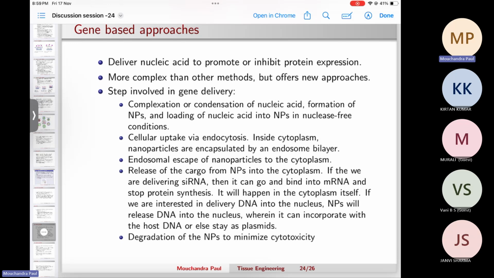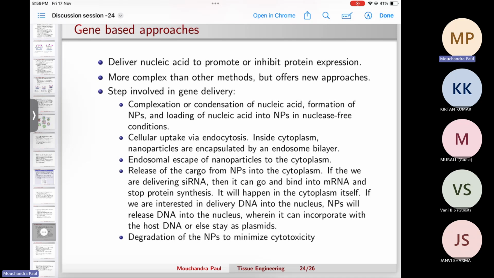The nucleic acids which are generally released in the cytoplasm are siRNA. I hope you're familiar with the RNA interference mechanism, where siRNA is used to block protein synthesis, like to block translation, because siRNA can bind with mRNA and make it double stranded, thus preventing the translation machinery from reading that particular mRNA.